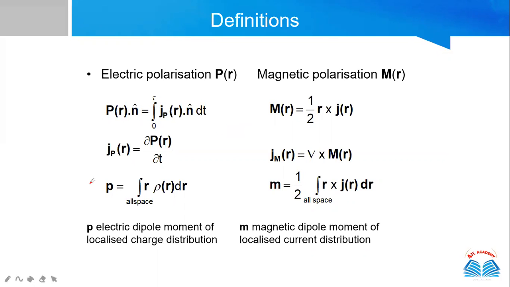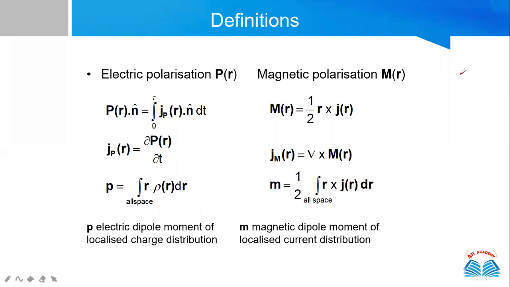J is equal to ∂P(r)/∂t. This is basically the current density, whenever electric polarization is taking place. And this small p is your dipole moment, and you can also write it as the integral of r ρ(r) dr, where ρ(r) is the charge density, you know.